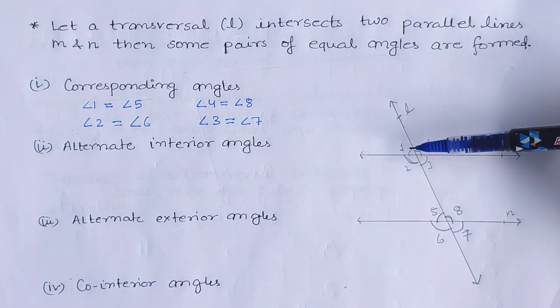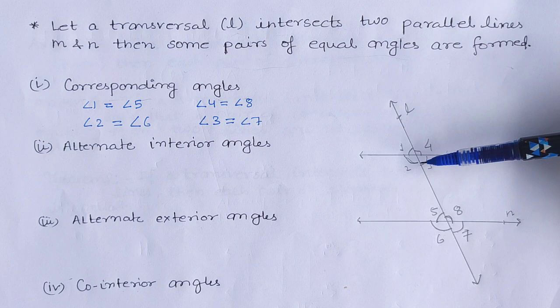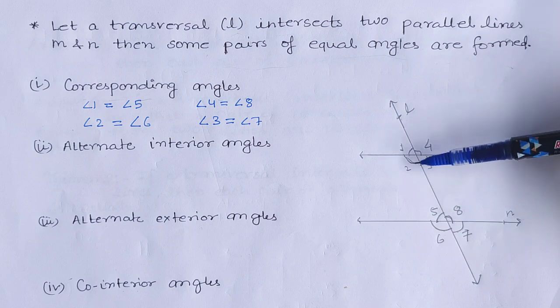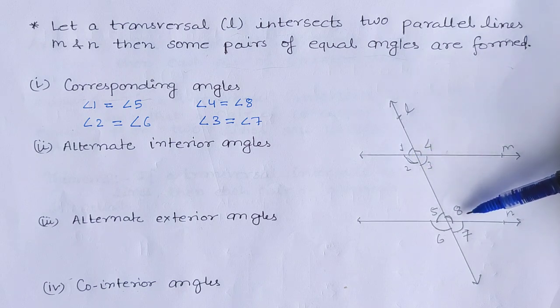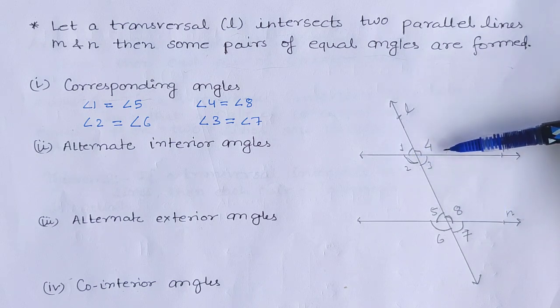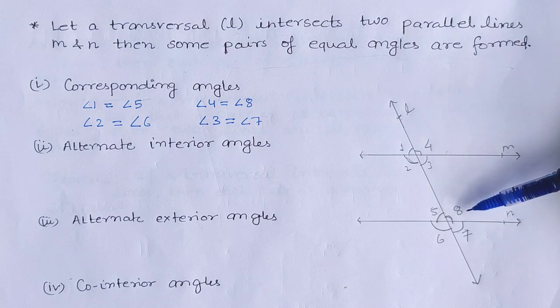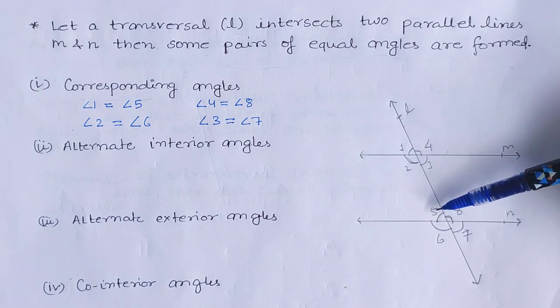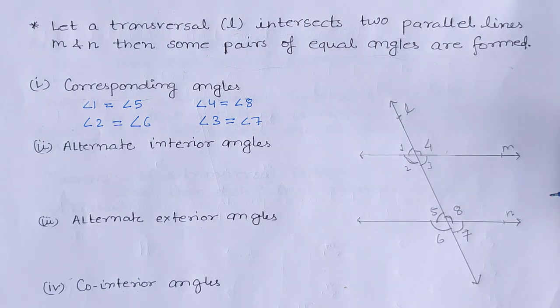If we are taking angle 2, what will be the alternate interior pair of angle 2? Angle 8, because these two angles are alternate, meaning on different sides, and in between the lines M and N. So angle 2 is alternate interior to angle 8 and angle 3 is alternate interior to angle 5.